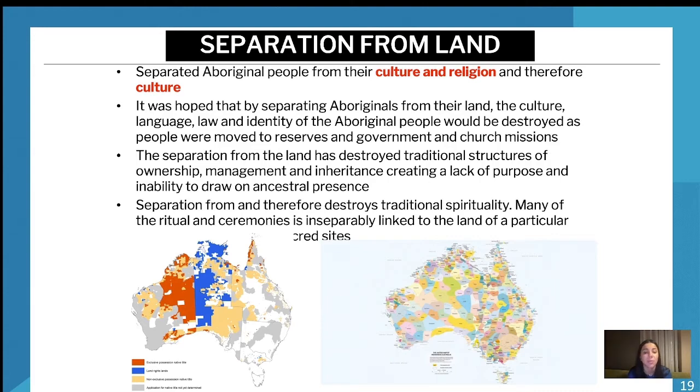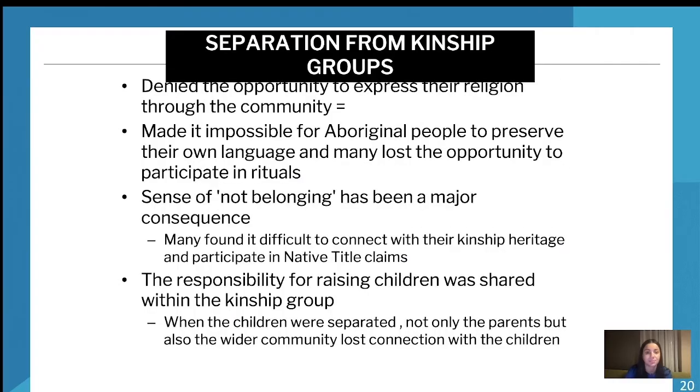And separation destroys traditional spirituality, as many of the rituals and ceremonies are inseparably linked to the land of a particular sacred site. So if you're separated from that and taken away from that, naturally that's going to destroy your spirituality.